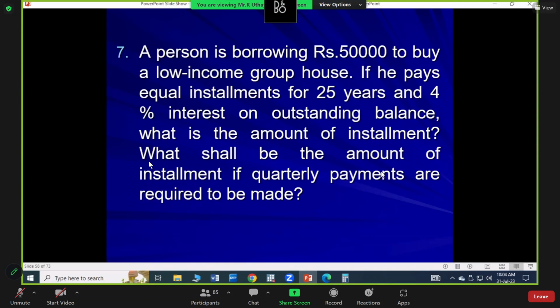So you can take the future value of annuity or present value of annuity. What is the amount of the installment? So the answer is given like this. So you want to check it.